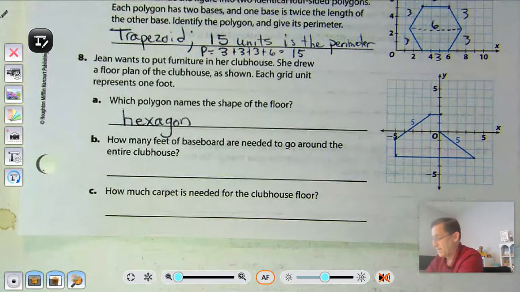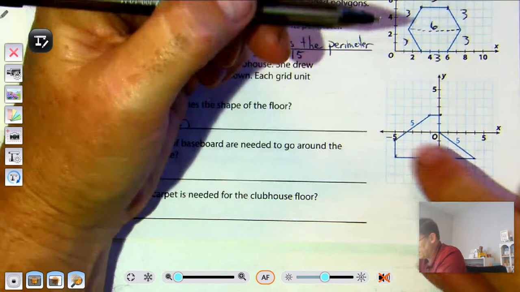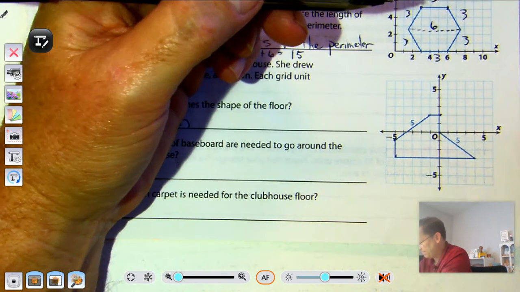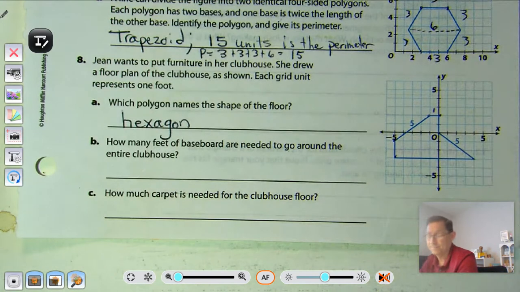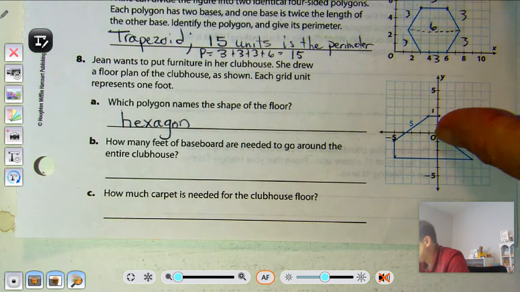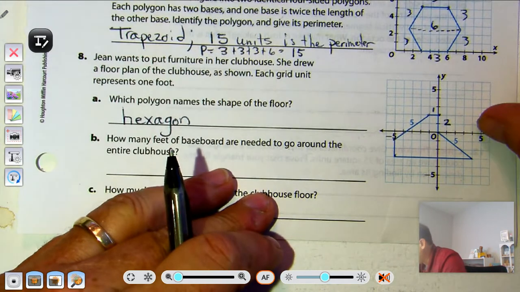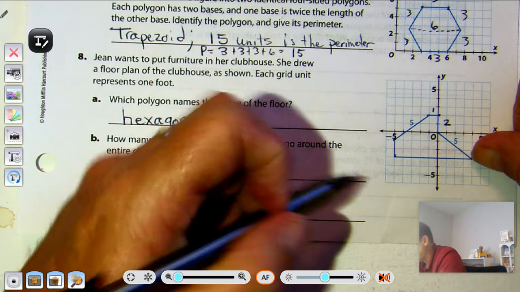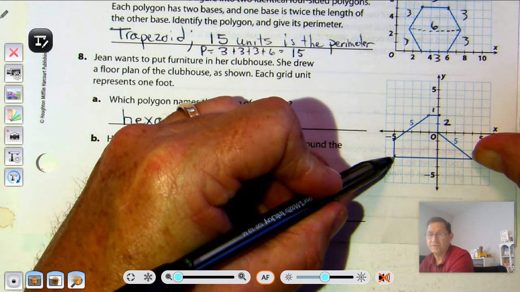And how many feet of baseboard are needed to go around the entire clubhouse? So we need the perimeter, right? All right, well, they're telling us that this line here is 5. This line is 5. This is only 1. This has a distance of 2. This one goes from 4 to -5. So we're going to add the absolute values of 4 and 5.